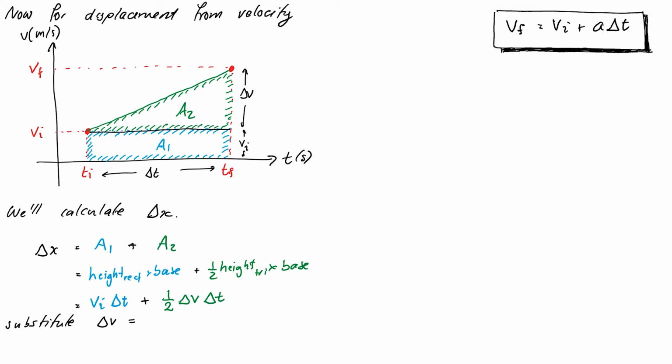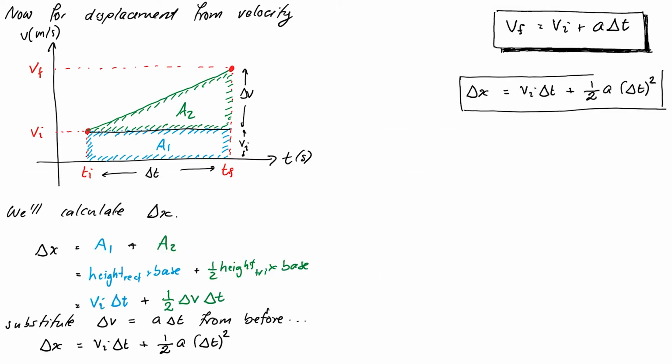Now, once again, we're going to replace the delta v with the one we computed earlier. That was delta v is a delta t. And if we substitute that in, we'll get delta x is equal to Vi delta t plus 1/2 of a times delta t squared. This is our second kinematic equation, and this time it relates the four quantities delta x, Vi, delta t, and a.